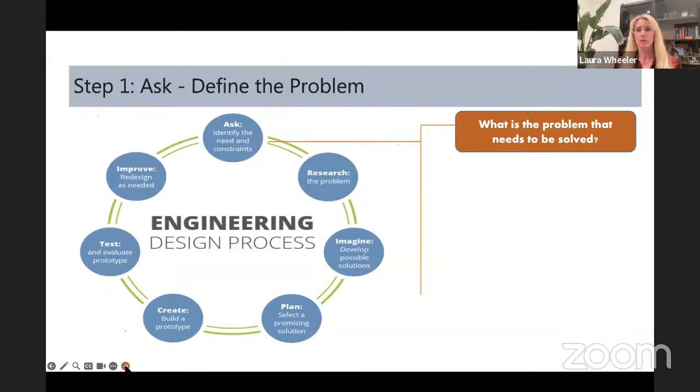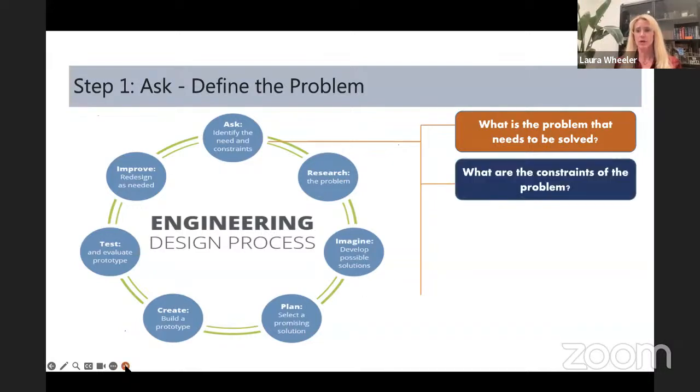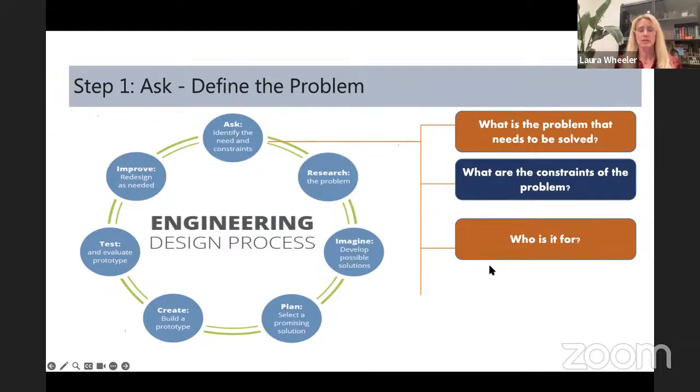What are some problems with spur gears? What are some of these constraints of the problem? And who are we designing this for? Or what are we designing this for? So here is some additional information that we need to know about designing spur gears.